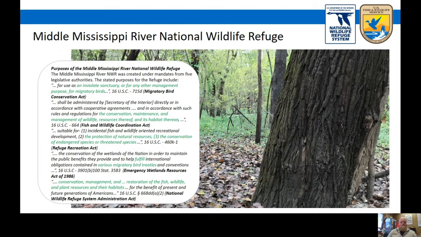And third, the protection of natural resources, the conservation of endangered species or threatened species, including fulfilling various migratory bird treaties, and finally, the conservation, management, and restoration of the fish, wildlife, and plant resources in their habitats. Long story short, the refuge is mandated by law to uphold these purposes.